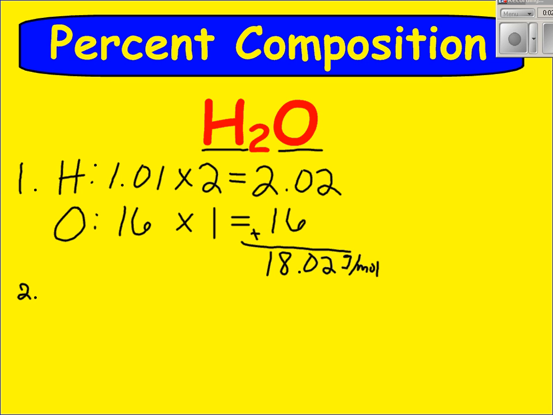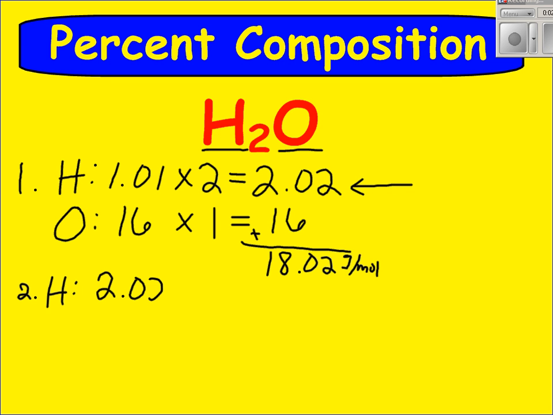Now, step 2 tells me to take the mass of the individual element and divide it by the mass of the entire compound, or the molar mass. Since this problem does not ask specifically for hydrogen or specifically for oxygen, we're going to do them both. Let's first do hydrogen. The mass of hydrogen we found in the first step is 2.02.